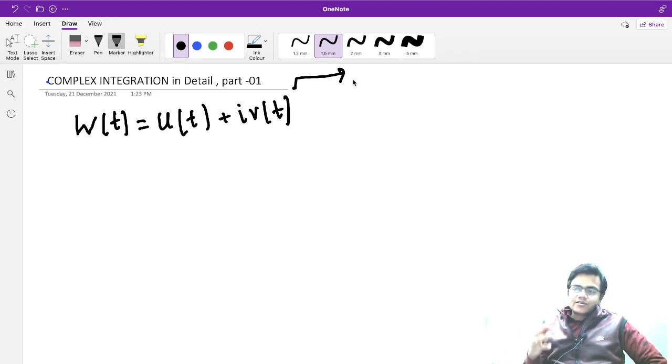because in real analysis or calculus we used to integrate over a particular interval, but in complex analysis we have to integrate over a contour. Okay, curves joining end to end, that is called contour.